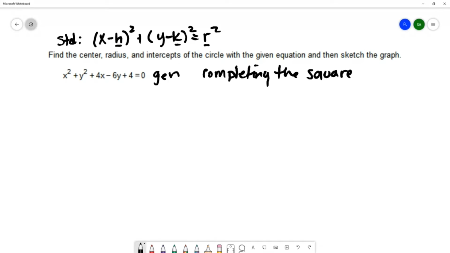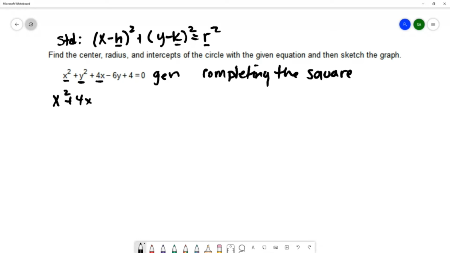So we start with our equation, which is x squared plus y squared plus 4x minus 6y plus 4 equals 0. And to start this completing the square process, we group the x's together, we group the y's together, and then we move the constant to the other side. So we group these x's together and write x squared plus 4x.